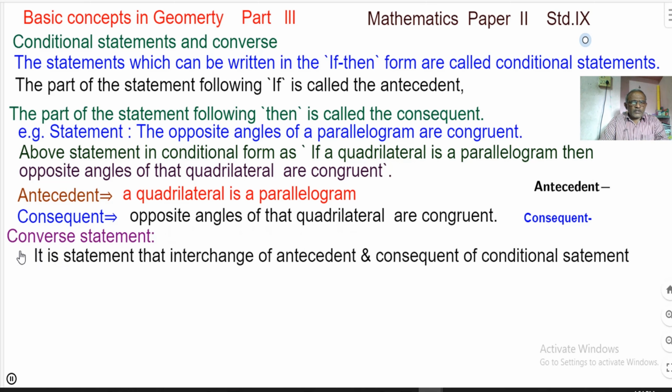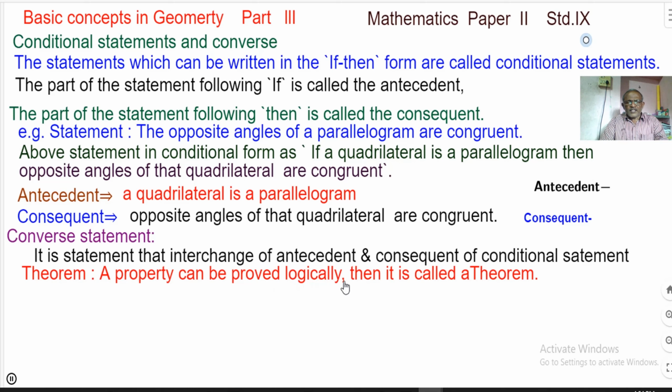Next point is converse statement. It is a statement that interchanges the antecedent and consequent of a conditional statement.